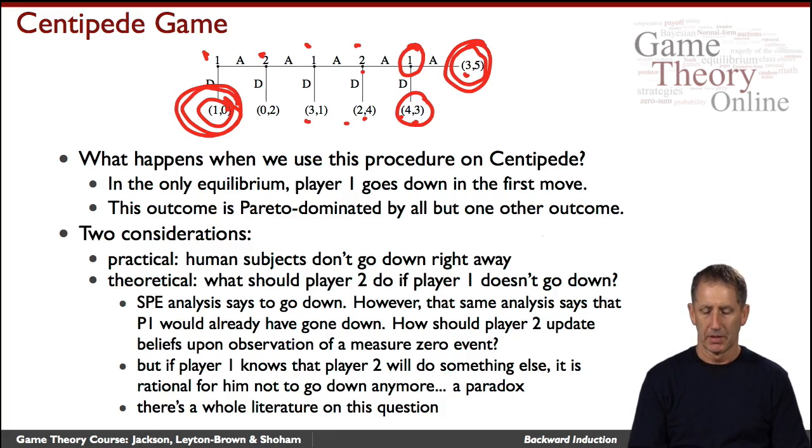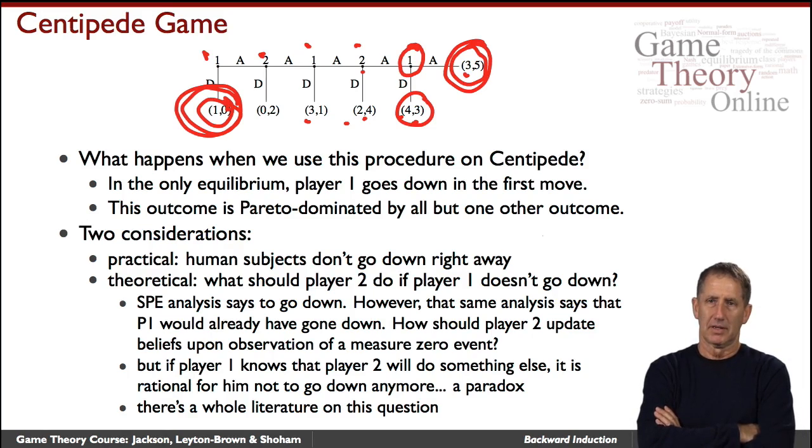So on the one hand, clearly a clear account of what will happen in this game. But there are two problems. One of them is simply experimental and common sense, and the other is more theoretical. On the pragmatic level, common sense simply tells you this is not what's going to happen.